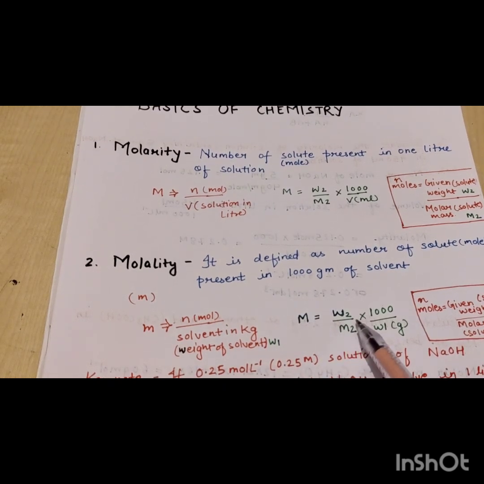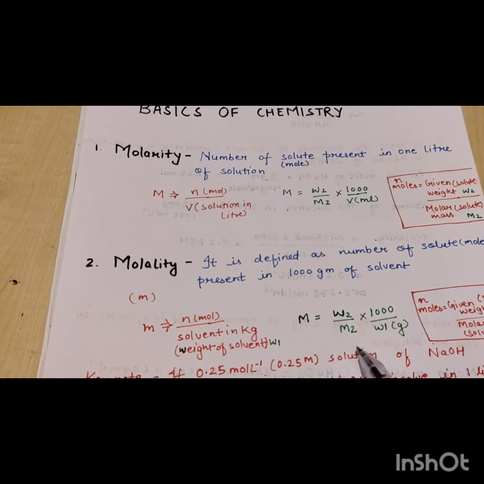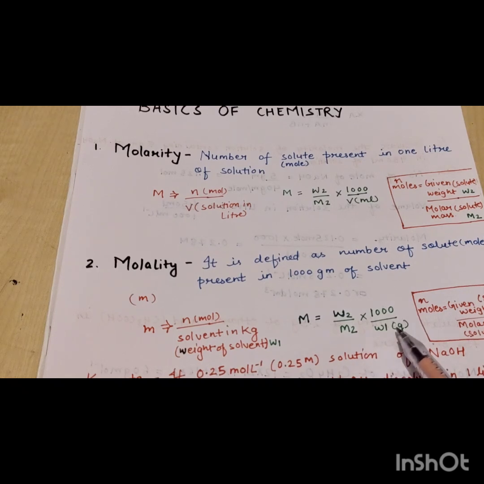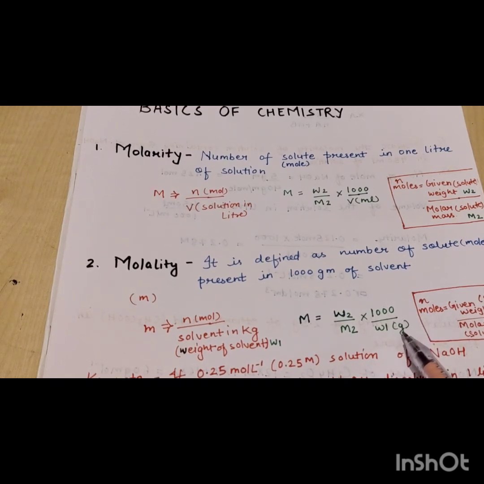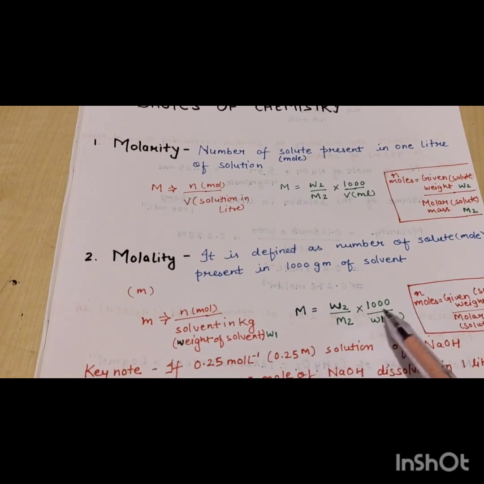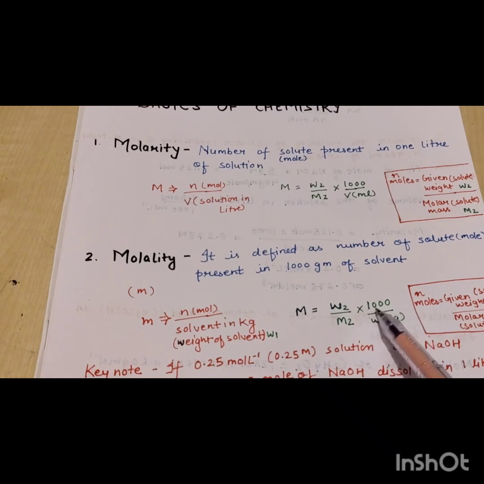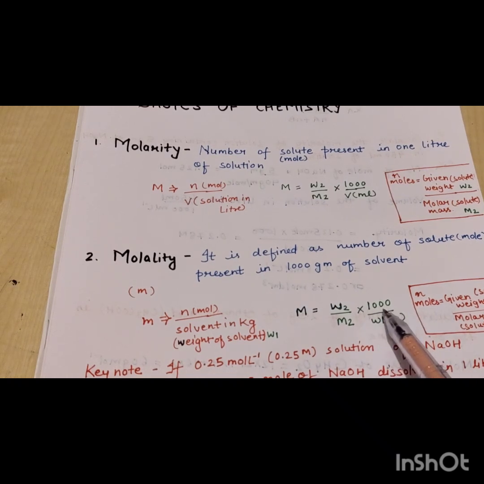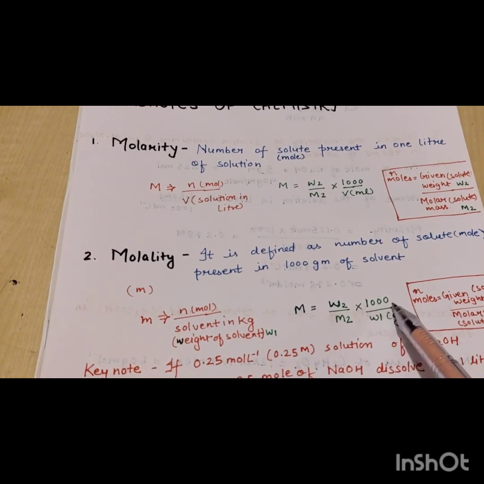Here again, the number of moles is the weight of solute divided by the molar mass of solute, and the weight of solvent, given in grams, is multiplied by 1000 to convert per kg. So we can calculate molality.